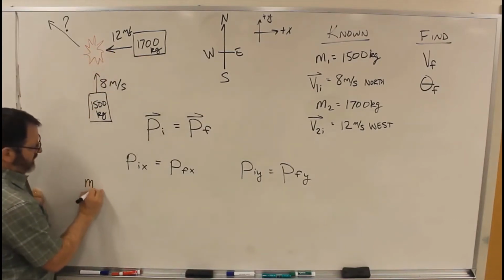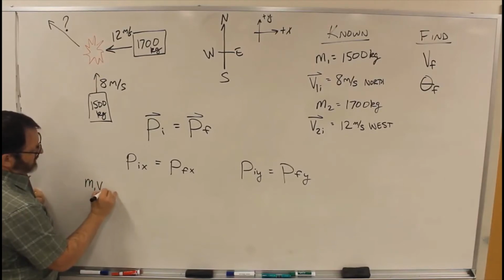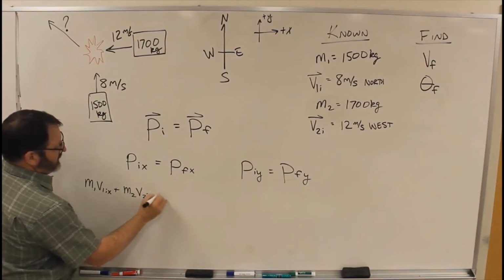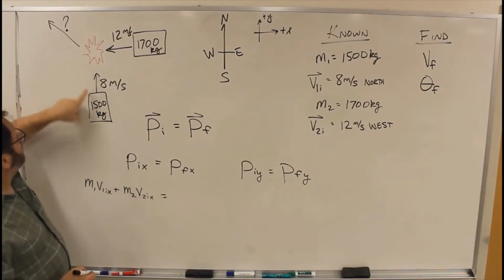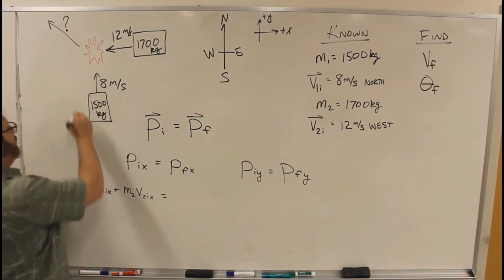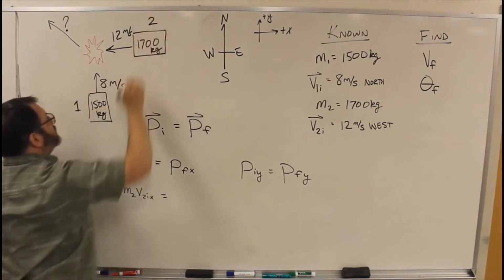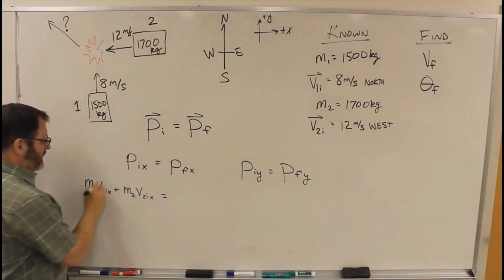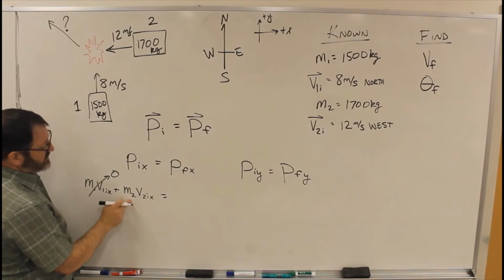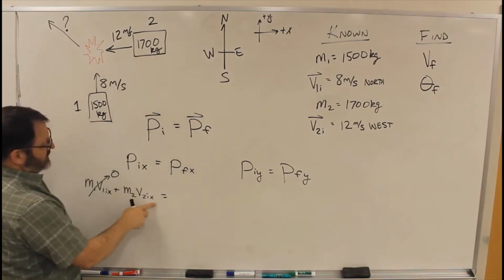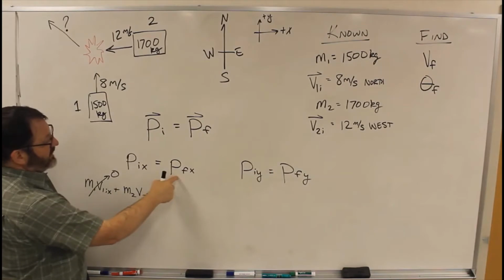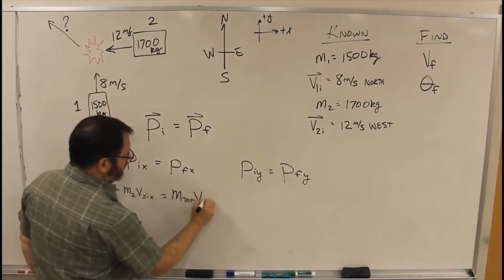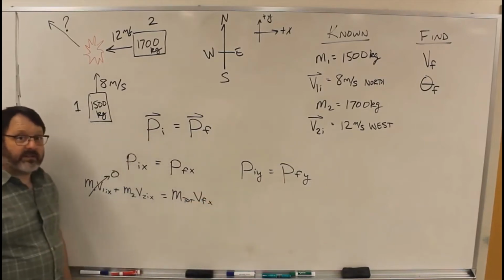It's M1 V1 initial in the x direction plus M2 V2 initial in the x direction, except that car 1, if we call this one car 1, this one car 2, has no initial velocity in the x direction. So that goes to 0. So it's just M2 times V2 initial in the x direction, which has to be equal to P final in the x direction. This is M total times V final in the x direction.